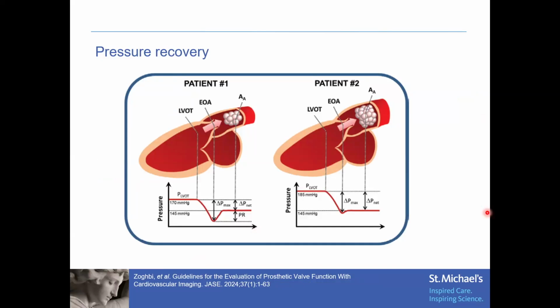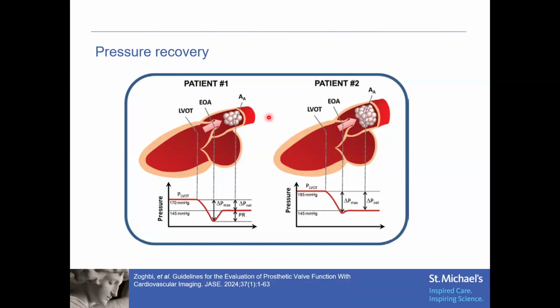I also want to briefly talk about this concept of pressure recovery. The reason is it's not always very obvious and is important to keep in mind when evaluating patients, particularly with small aortic roots. So the whole idea here is as blood is ejected out of the LV through the valve into the LVOT, the mechanical energy of that contraction is converted into kinetic energy, which is highest at the vena contracta.